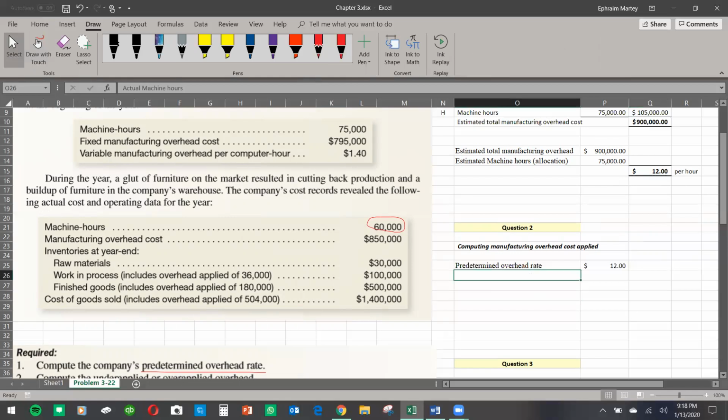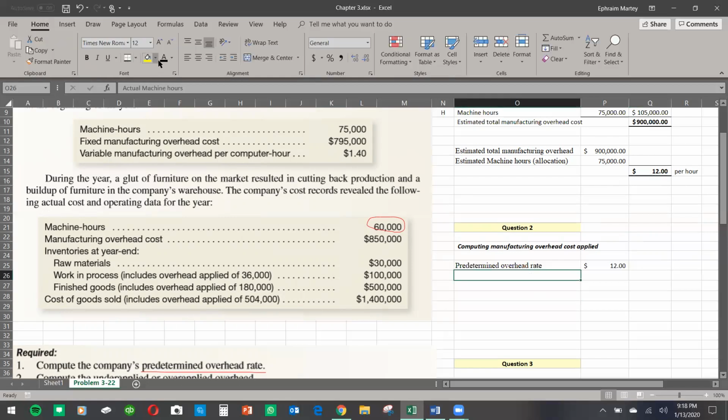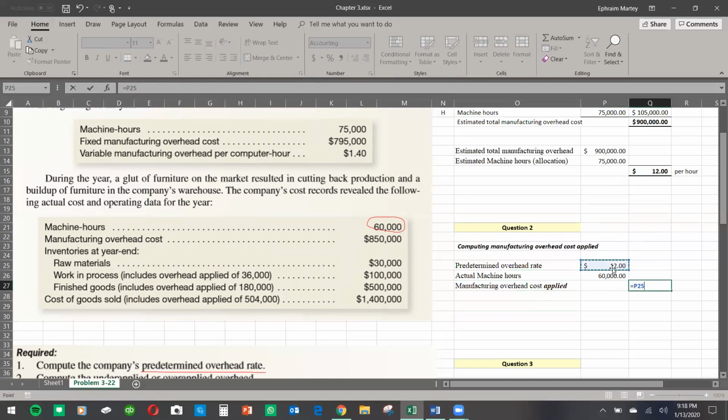The manufacturing overhead that was applied will be $12 times the number of hours we spend on producing the product.